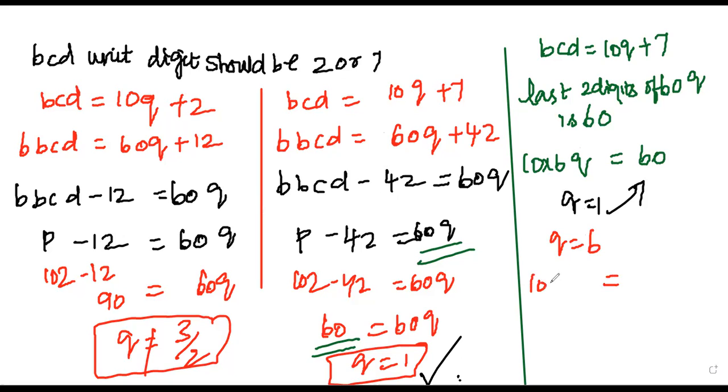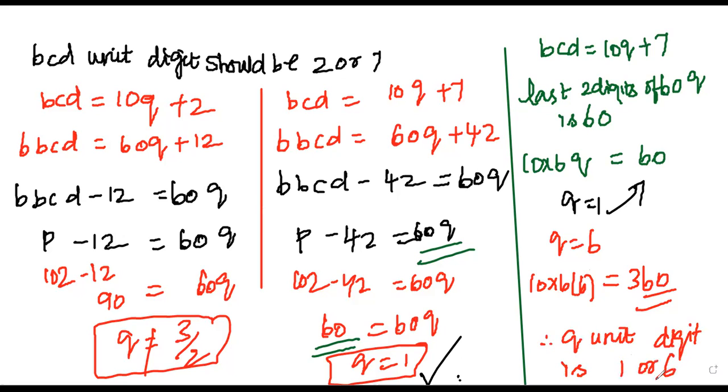In 360 also, you are getting 60 in the last digits. So when you substituted 1 and 6, you are getting the last two digits as 60, right? So Q's unit digit is 1 or 6.